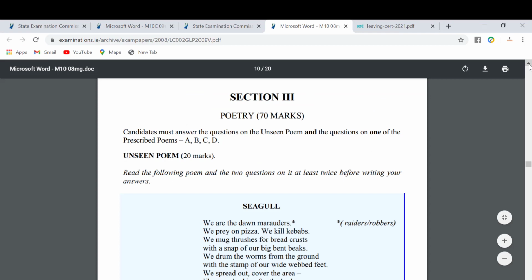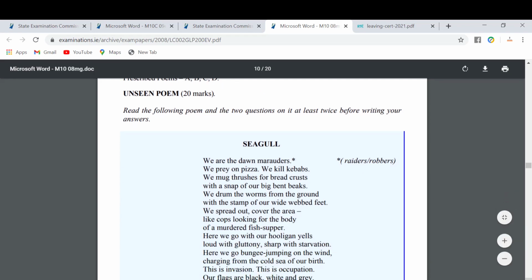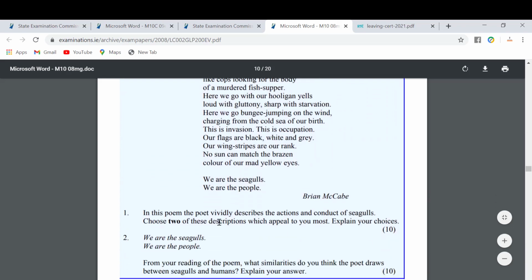Okay, so let's have a look at what poetry is going to look like this year. So if you decide to do poetry, it's section 3. It's still worth 70 marks. As always, there is always an unseen poem, a poem that you have not studied already, and that will be worth 20 marks. And it has 2 questions underneath, 10 and 10.